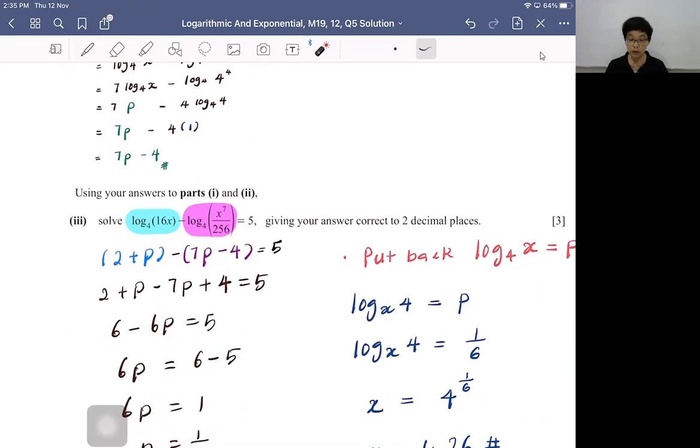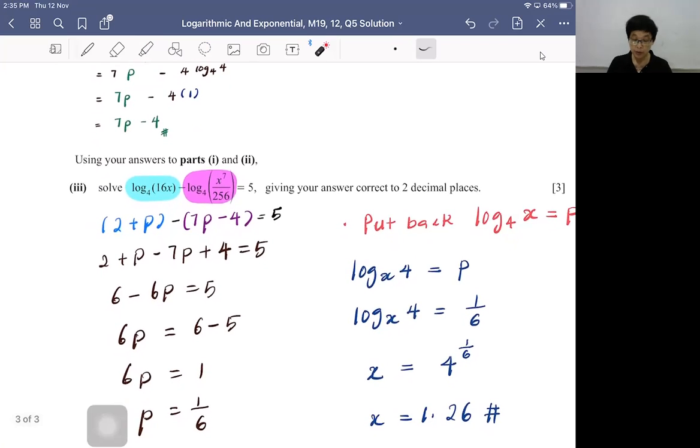Again, then we move on to part 3 with the instruction given to us: using your answers to part 1 and part 2. Part 3 states, solve log_4 16x minus log_4 x^7/256 equals 5.